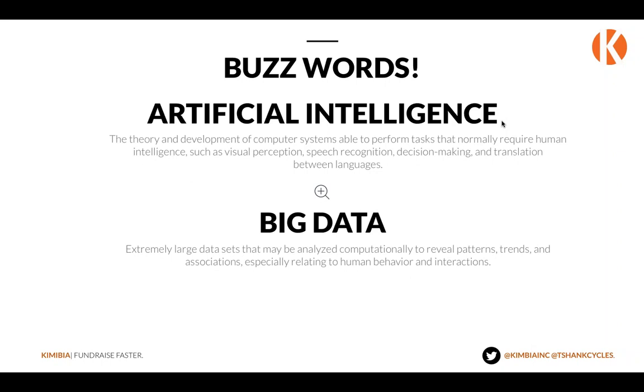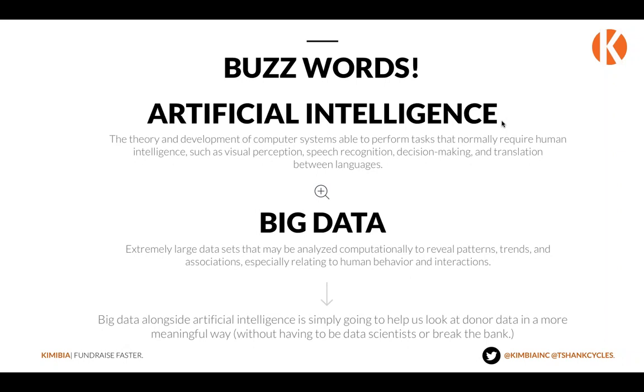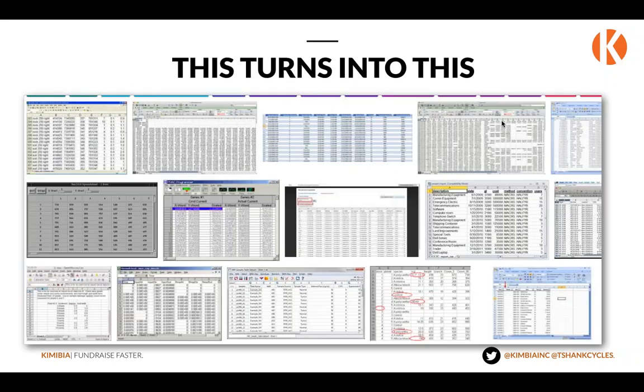And that's what artificial intelligence and big data is going to help us do. With this marriage, it's going to be easier. And as time goes on and technology advances, it's going to be less expensive to basically look at data in a more meaningful way without having to be a scientist or without having to break the bank.